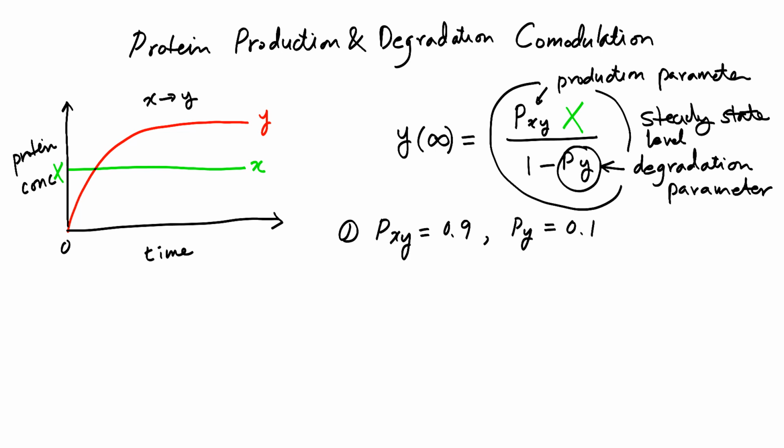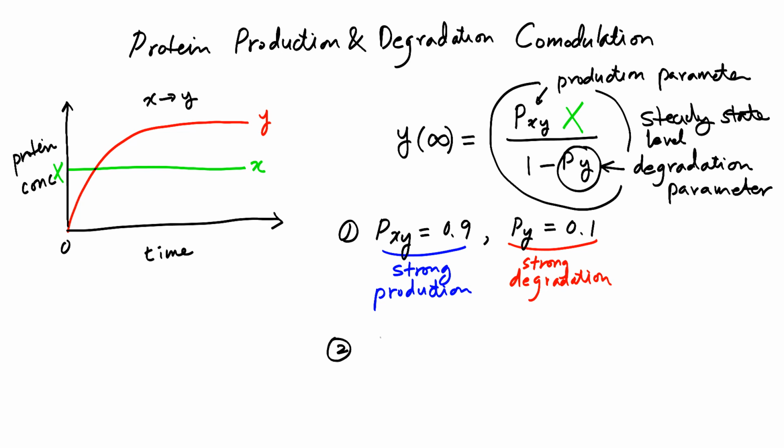So we have strong degradation. And we also have strong production, because later we will see that we have pxy which is equal to 0.9 and py which is equal to 0.1. So compared to this, we have strong production and strong degradation in case 1.